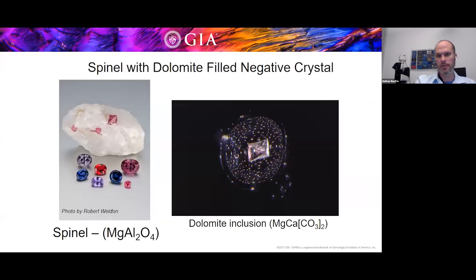Another similar example is this spinel, also forming in a marble, with a dolomite-filled negative crystal. Now, spinel, even though it forms in a marble, a type of marble that's still a carbonate, in order to produce spinel, you have to have magnesium. Spinel is a magnesium aluminum oxide as opposed to ruby, which is just an aluminum oxide.